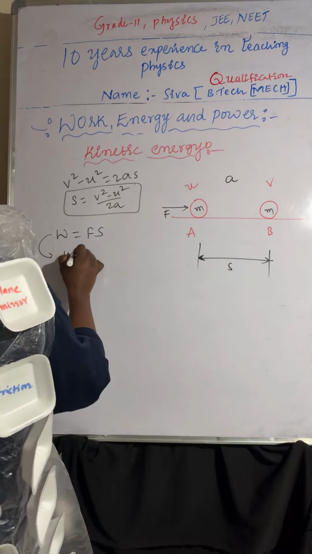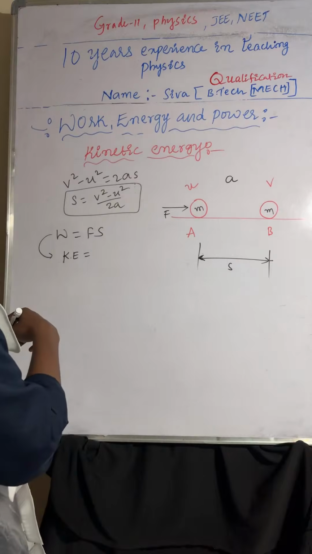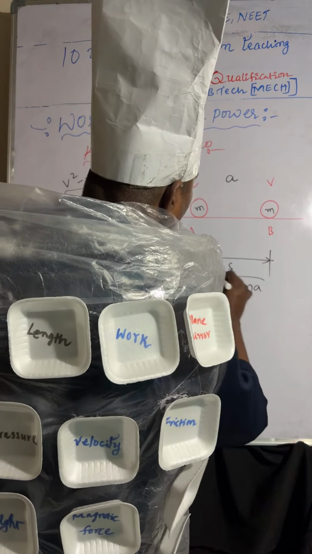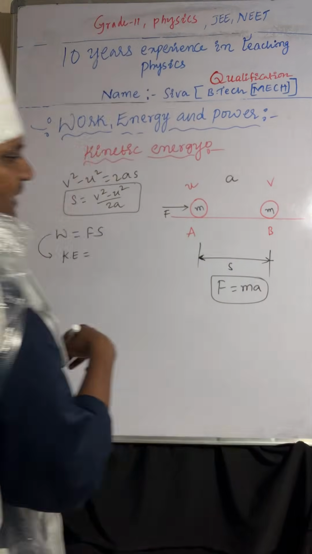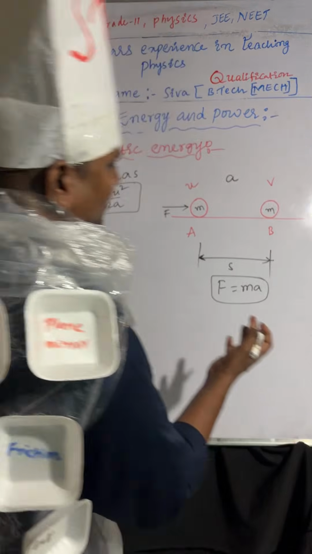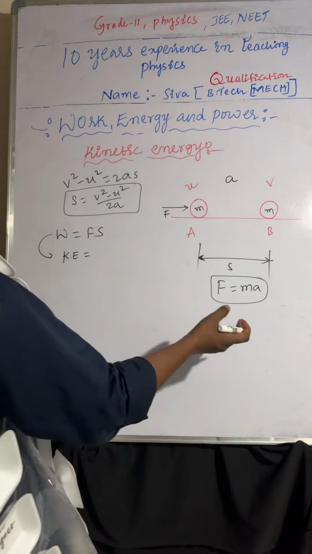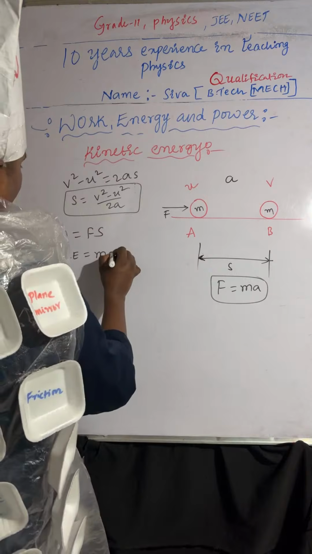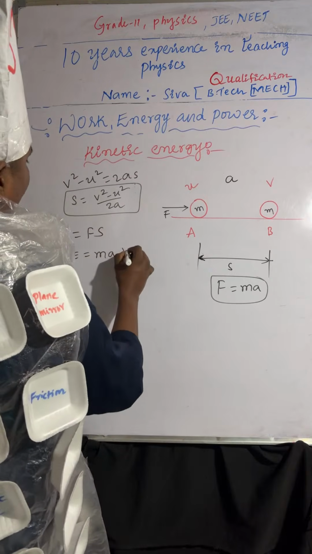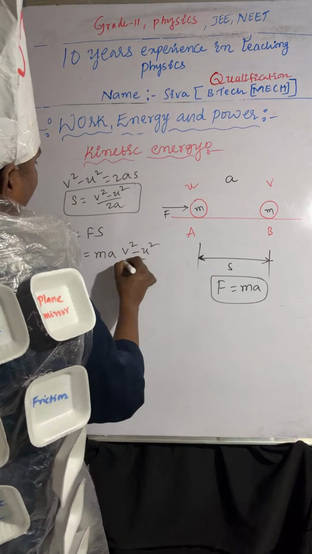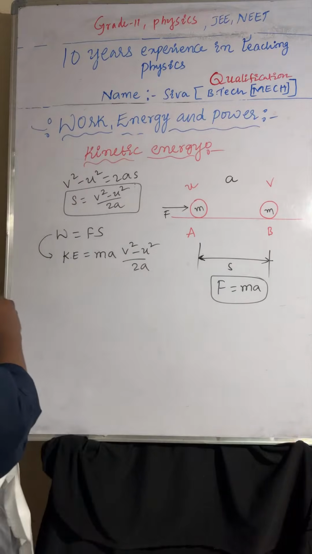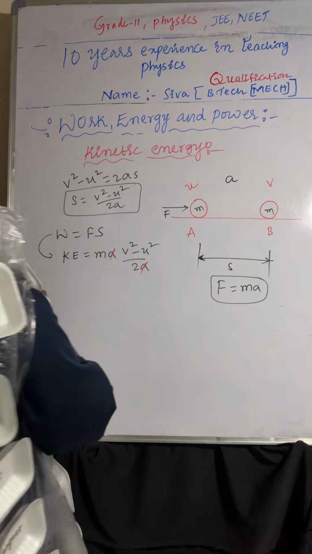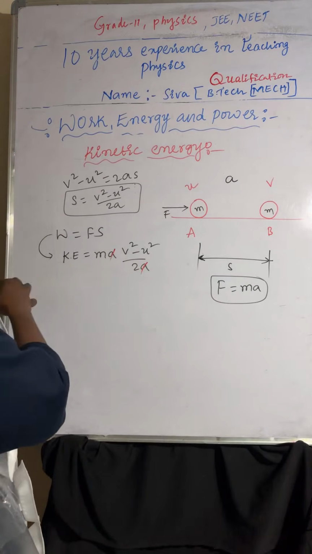Then kinetic energy K equals, from Newton's second law, F equals ma. The net external force acting on the body is the mass times acceleration, so ma into S. S is nothing but V square minus U square by 2A. Here A gets cancelled.